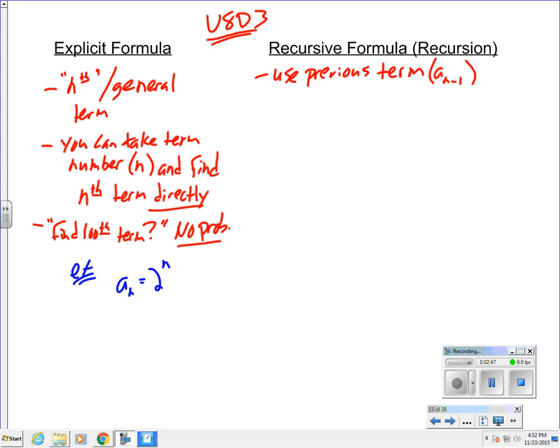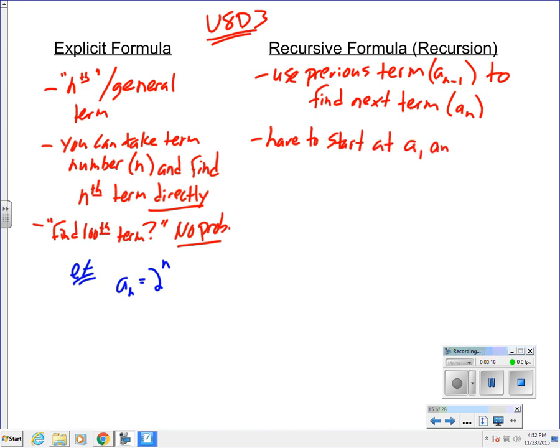So use the previous term to find the next term, which is an. For a recursion equation or recursive formula, you have to start at the first term, a1, and then find every term up to an.